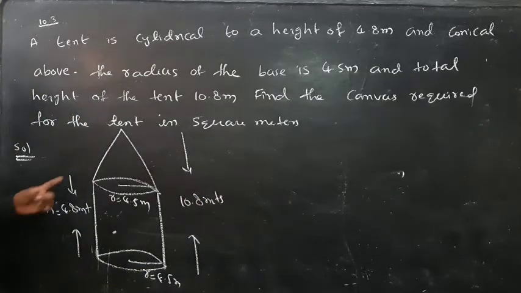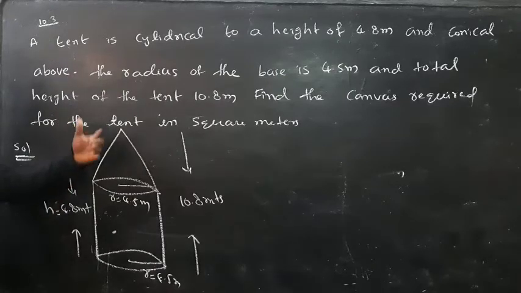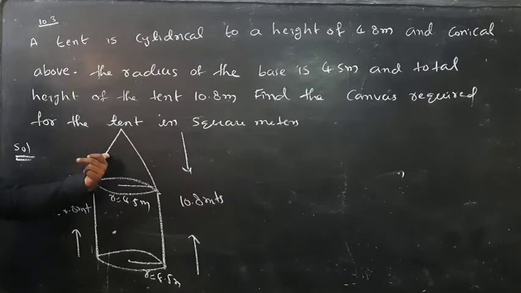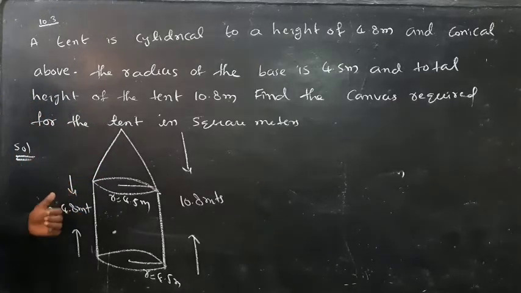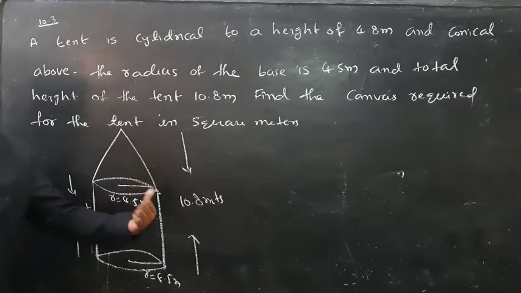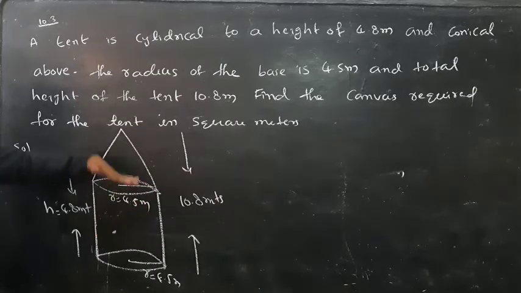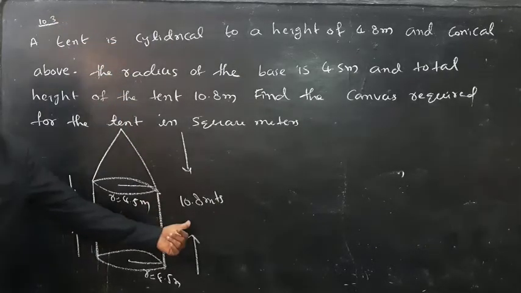See here, I know the height of the cylinder and also the total height, but I don't know the height of the cone. First of all, there is one cylinder with height 4.8 meters and base radius 4.5 meters. On that cylinder, there is one cone. The total height of the tent is 10.8 meters.